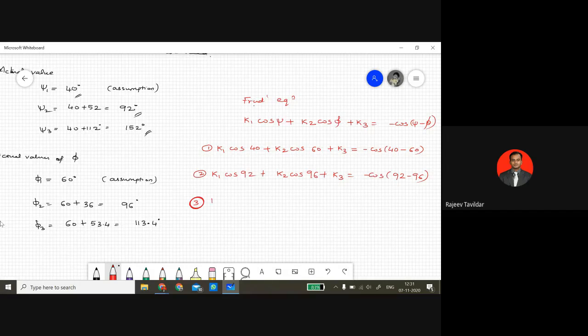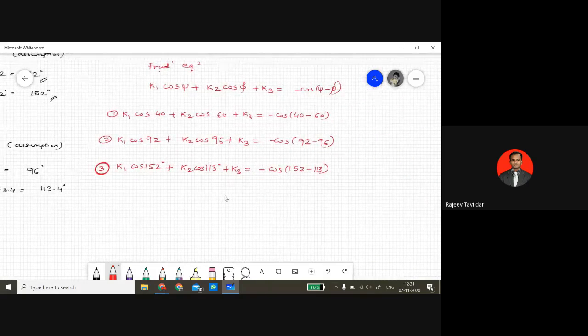Third one, K1 cos of 152 degrees plus K2 cos of 113 degrees plus K3 will be equal to minus cos of 152 minus 113. So these are the 3 equations that you'll get from Freudenstein's equation. Now you have 3 equations and 3 unknowns, that is K1, K2, K3. Just solve this and let me know the values of K1, K2 and K3.